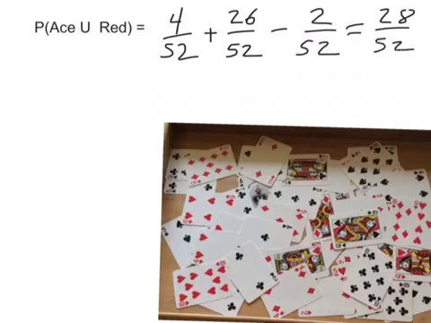Now that makes sense to me because there are 26 red cards and then an extra 2 black aces, so 28 out of 52, a little more than half. Okay, there you go. That was a little bit confusing on the quiz that we did last week, so hopefully that clears it up a little bit.